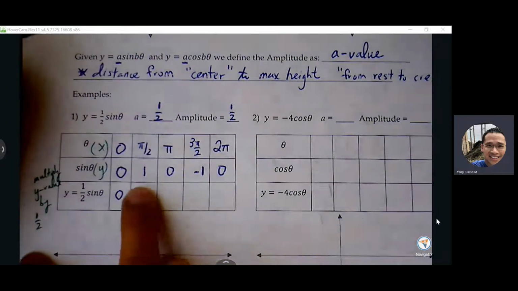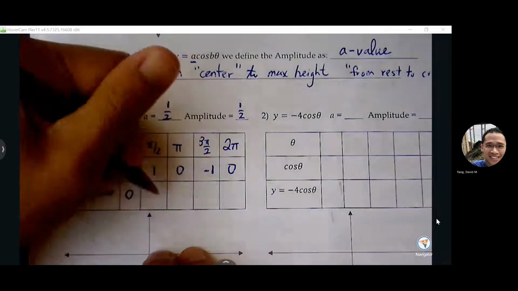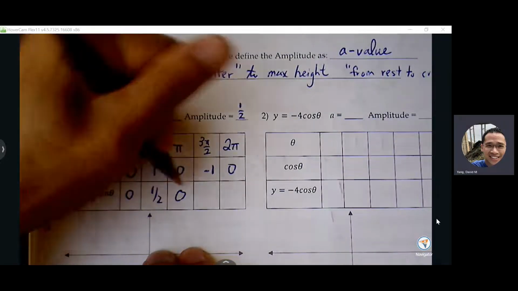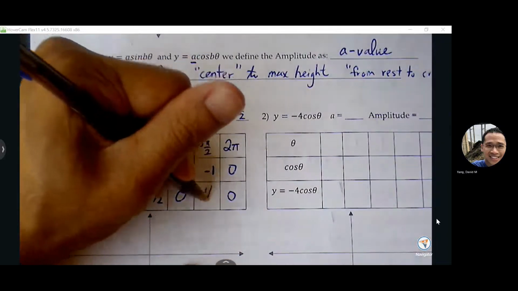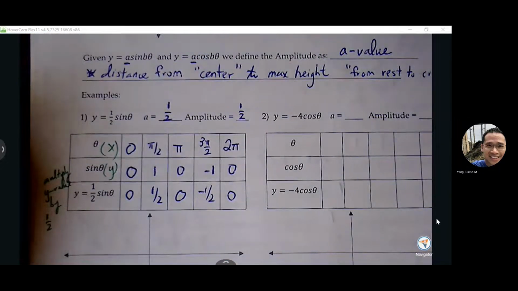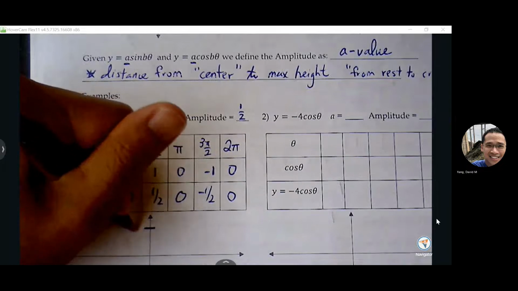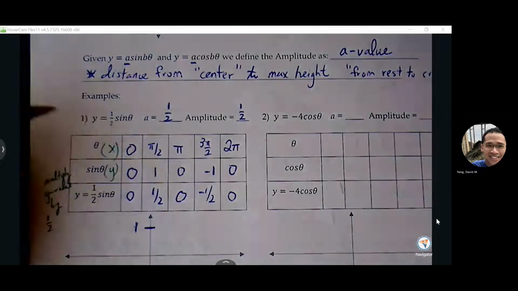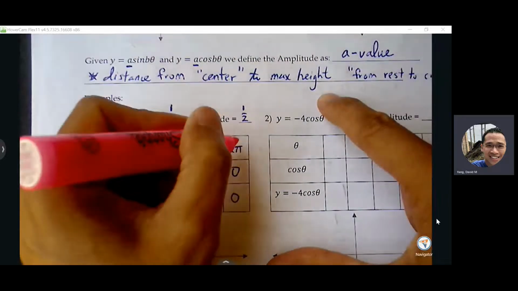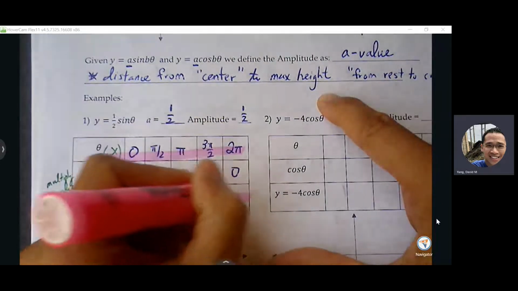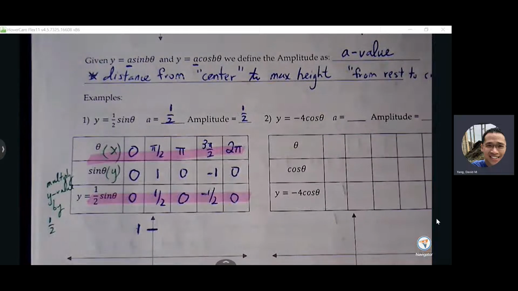So 0. 1/2 times 1. Anything times 0 is 0, I can just bring all those down. 1/2 times -1. Now I'm going to plot. I'm always going to look at my x value, but my y value has been adapted, so I don't want to look at my parent anymore. I'm looking at the adapted y value.